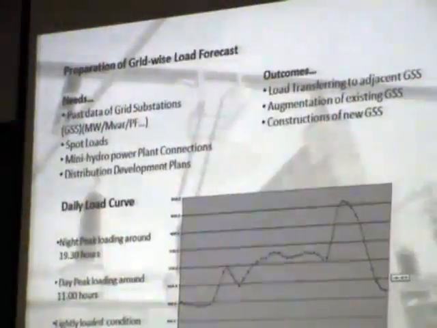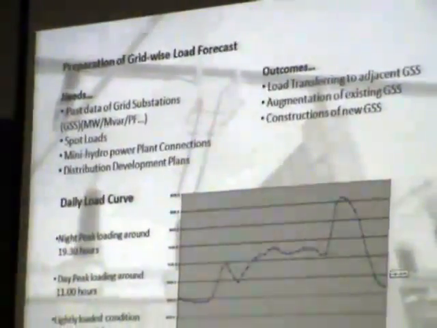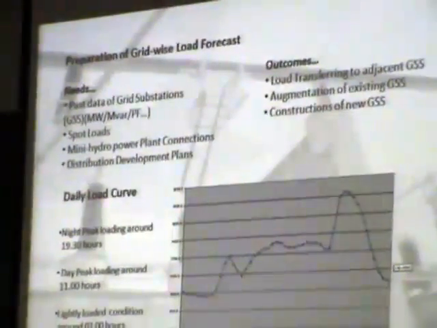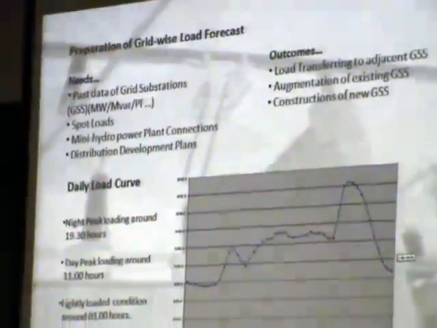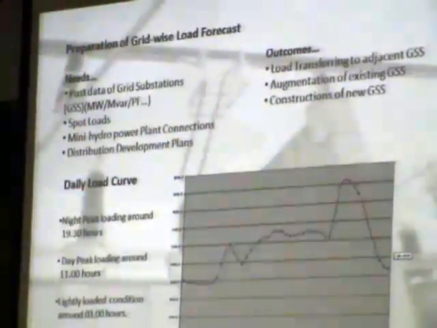As I explained, our power system has a lot of grid substations, so we need a load forecast for all of these grid substations. Using the previous national power and energy demand forecast, we prepare that grid-wise load forecast.